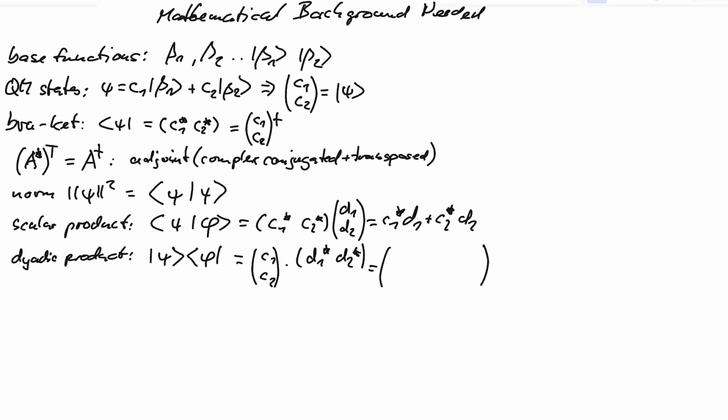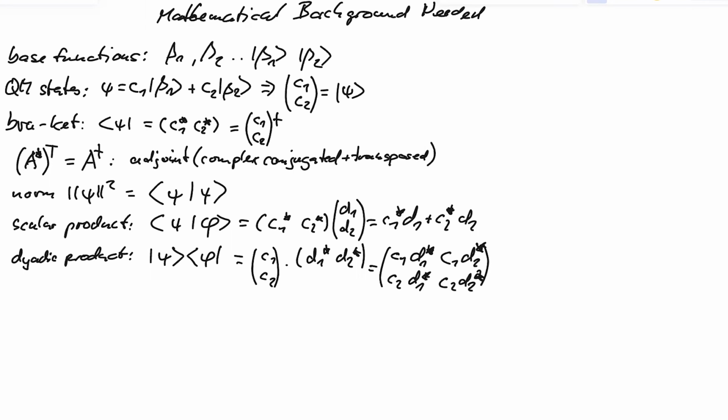Simply, it follows the rules of matrix multiplication. So we have C1 D1 star, C1 D2 star, C2 D1 star, and C2 D2 star.